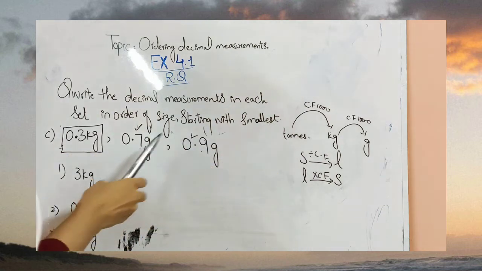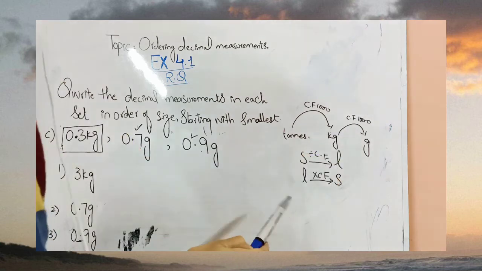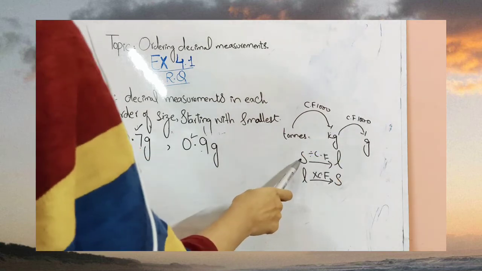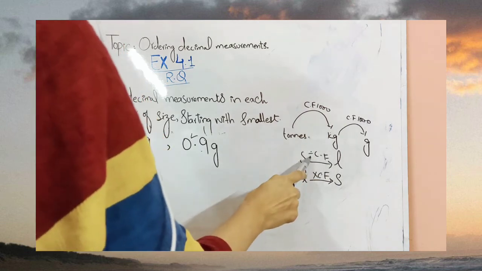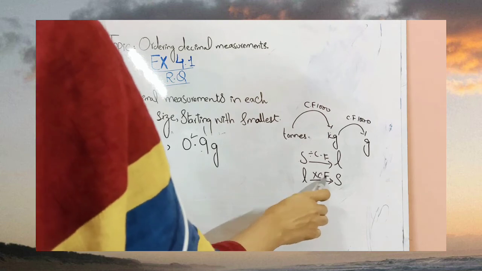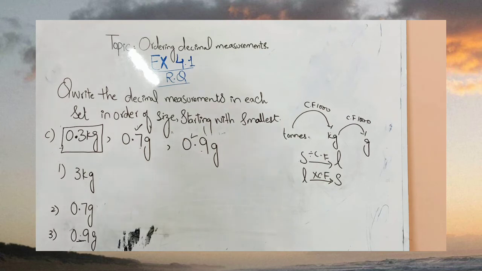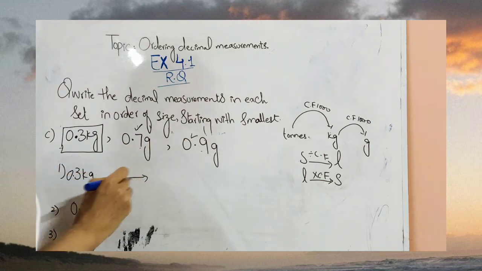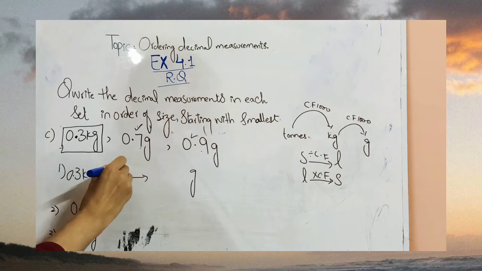The conversion factor from kg to gram is 1000. If you are converting from smaller to larger, you divide by the conversion factor, and if you are converting from larger to smaller, you multiply by it. Now let's convert 0.3 kg into gram. Kg is larger than gram, so we will multiply by 1000.